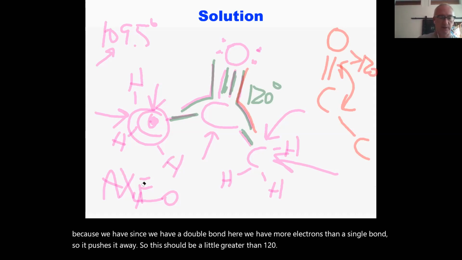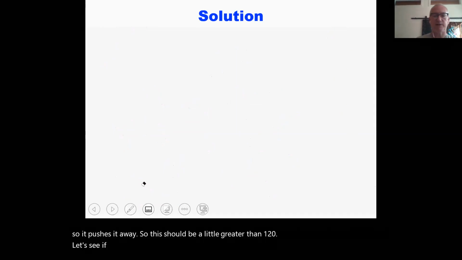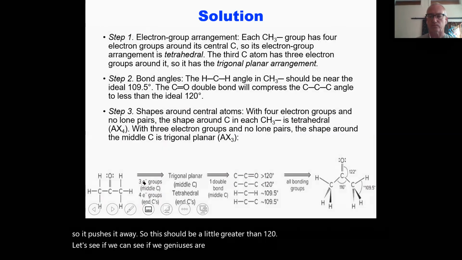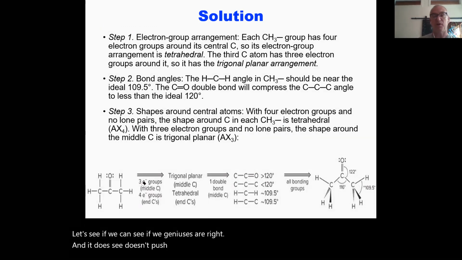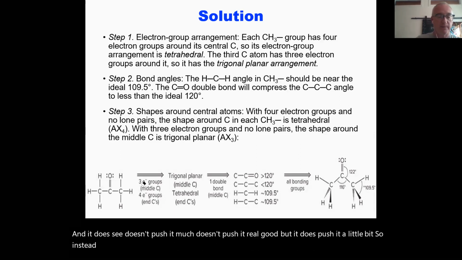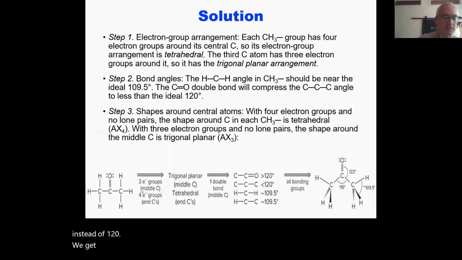Now, let's see if we geniuses are right. And actually it does. See, it doesn't push it much. Doesn't push it real good, but it does push it a little bit. So instead of 120, we get 122, but it's a little more, so we got that right.